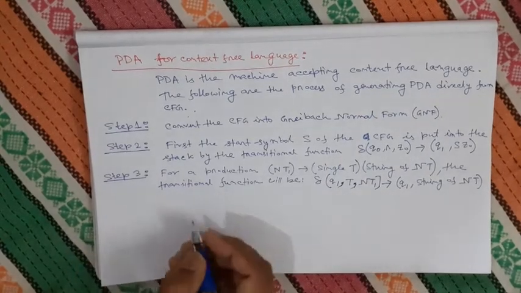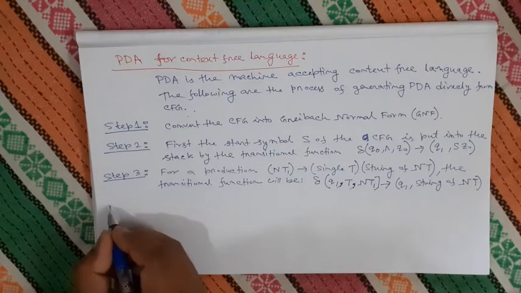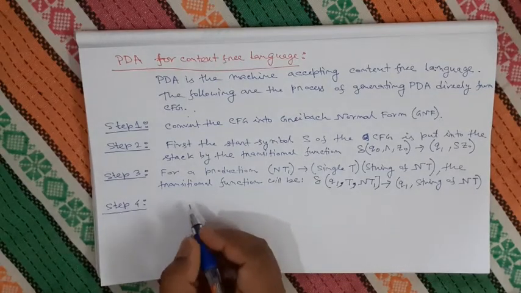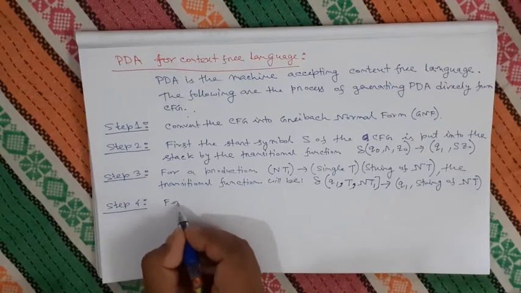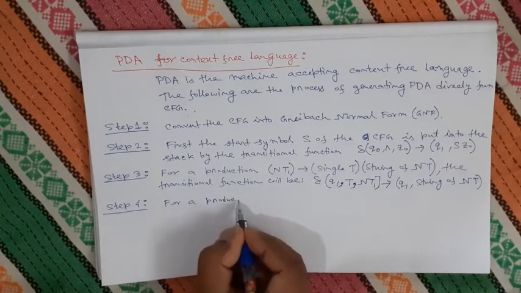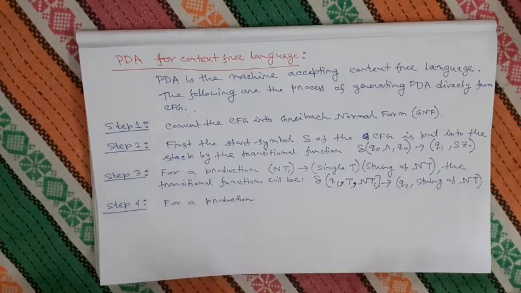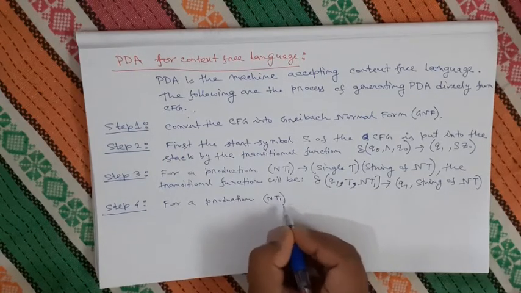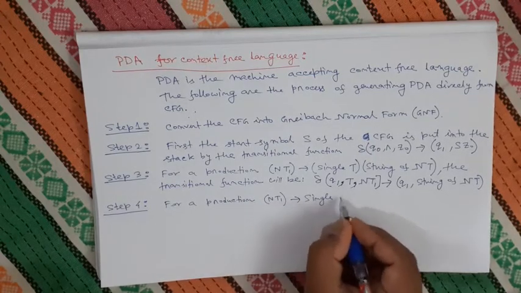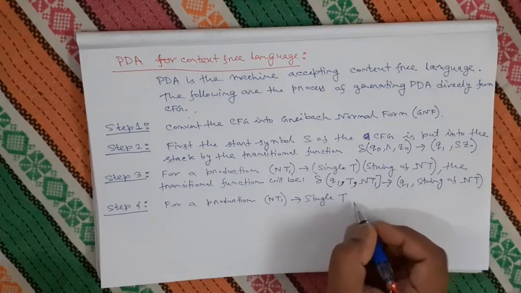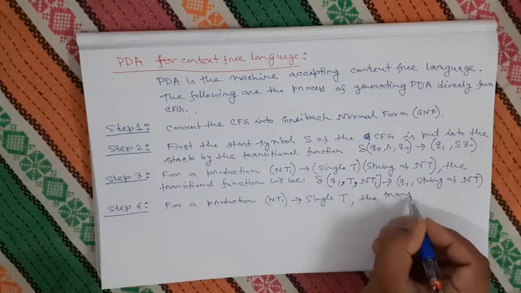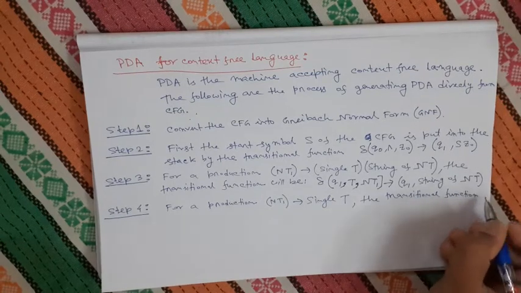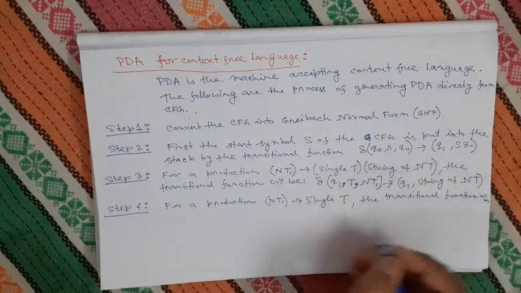Step 3. Then in step 4, for a production NT1 tends to single terminal symbol, basically the transition function will be what?